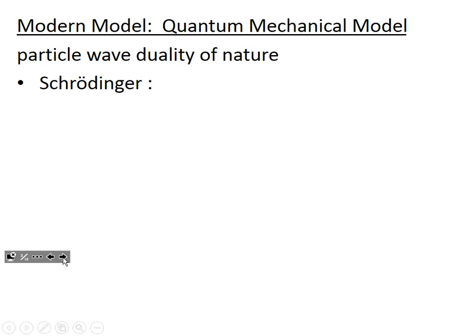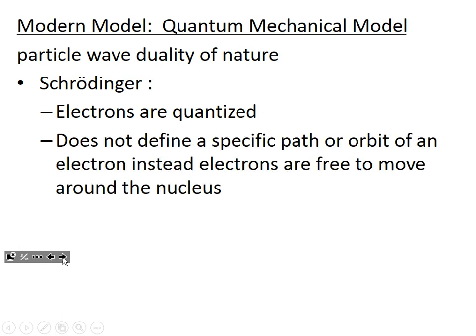So the modern model is similar to that, in that they say electrons are quantized. However, it does not define a specific path of movement for the electron. So the electron is free to move around the nucleus. And what we do is we say that the region of space where the electron is moving in is called an electron cloud.